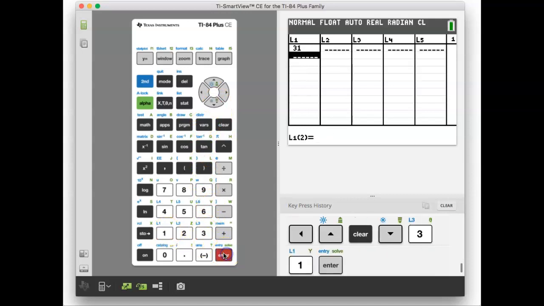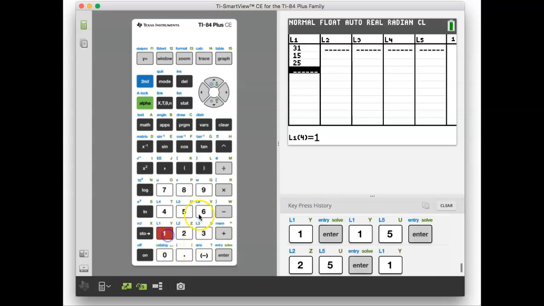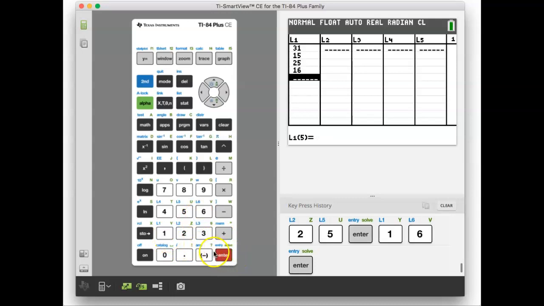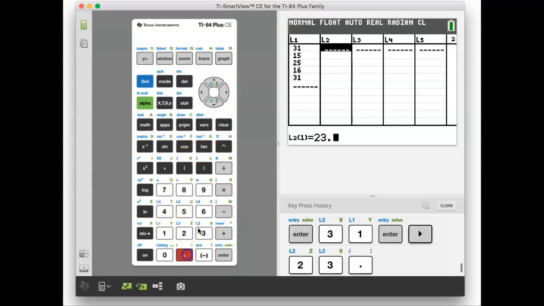We had 31, 15, 25, 16, and 31. And our expected counts should all be 23.6. Great.